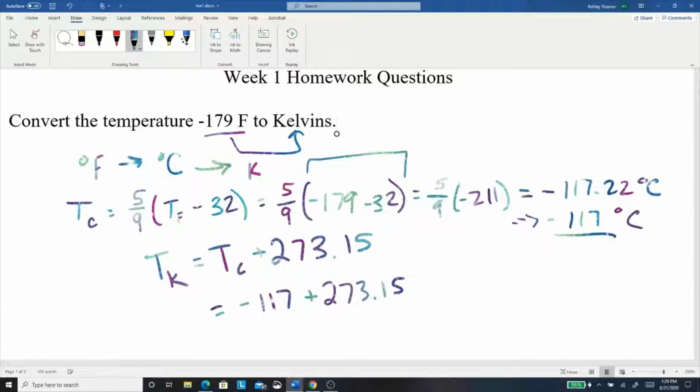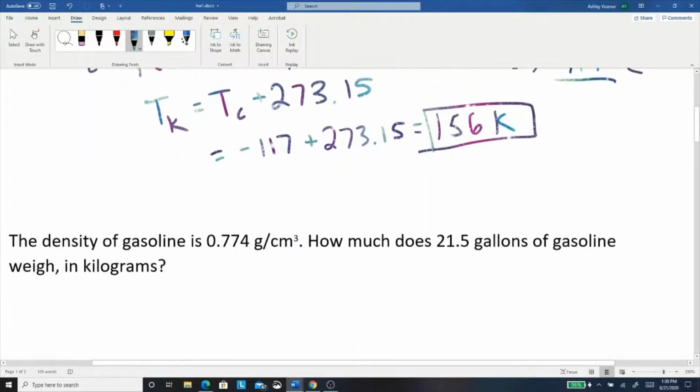And remember, kelvins can never equal less than 0, so it should be a positive number. And accounting for significant figures, we're not going to have any decimal places because 117 does not have any. So we get 156 Kelvin for our answer. So that is our first question.